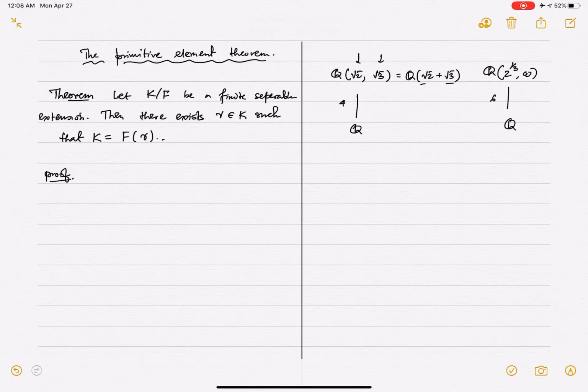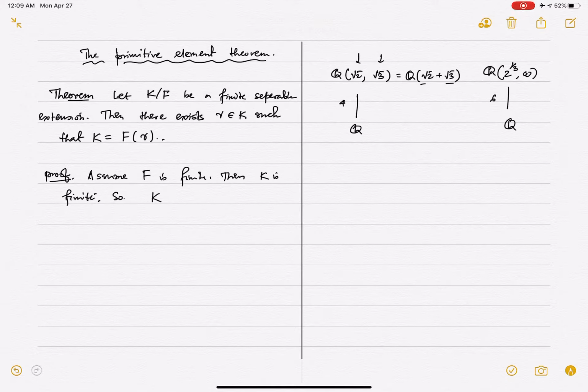You have to make different arguments, the way I do it at least, when F is finite versus when F is infinite. So when F is finite, it actually follows from some structure result of finite fields which we quoted but did not prove. So assume F is finite, then K is also finite because it's a finite dimensional vector space over a finite field.